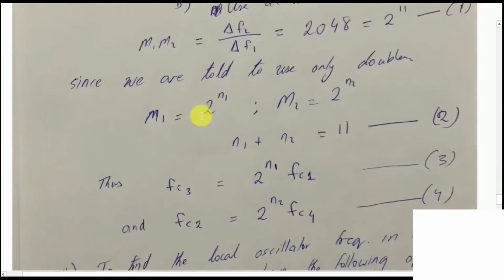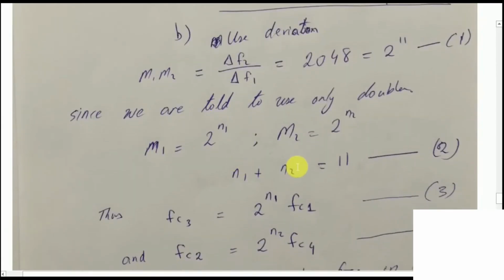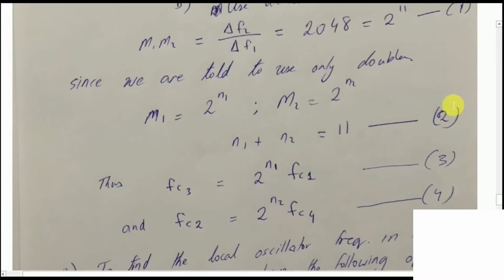This states that n1 plus n2 should be equal to 11, as mentioned here, right? So n1 plus n2 should be equal to 11. This becomes our second equation.